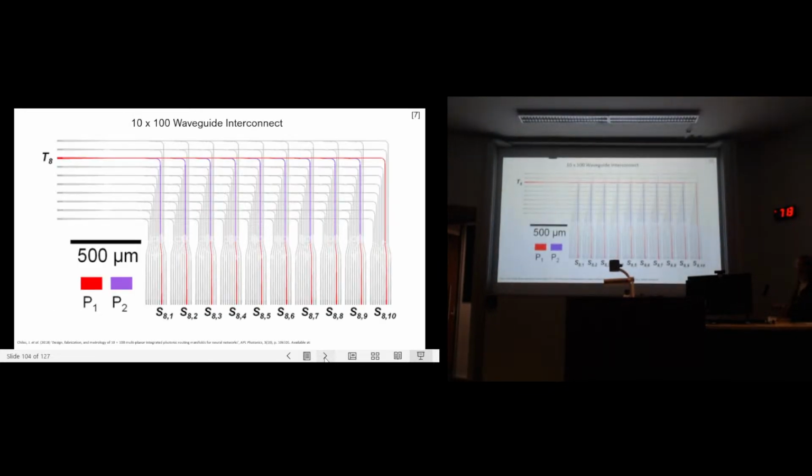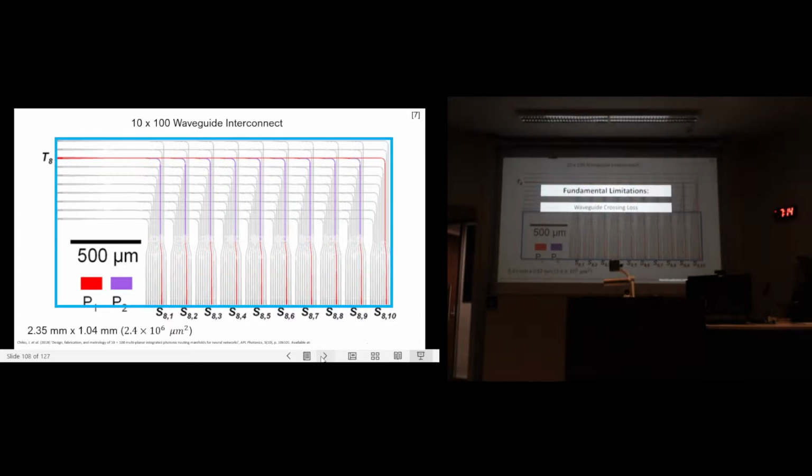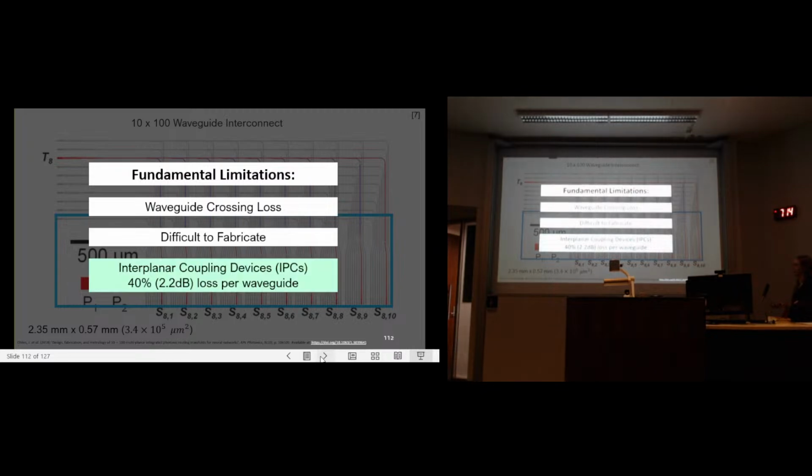This is another example of a wave-guided one, essentially to say that this is a very complicated and difficult way, and if we use things like inverse design to create a scattering box instead of a whole bunch of waveguides, it's going to be much easier to make, much less prone to error, both in fabrication and usage, and it's also going to be a lot more efficient, because every time these waveguides split or they cross over one another, they lose intensity. So if I skip through that and get through to the interesting things. Yeah, so look, there's loss, it's difficult to fabricate.